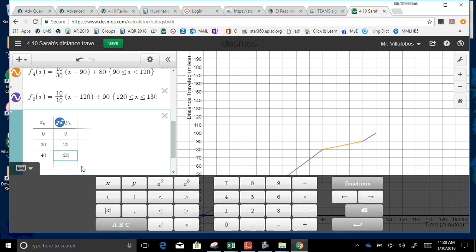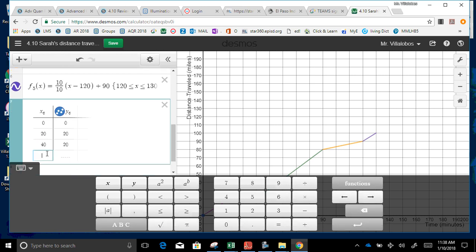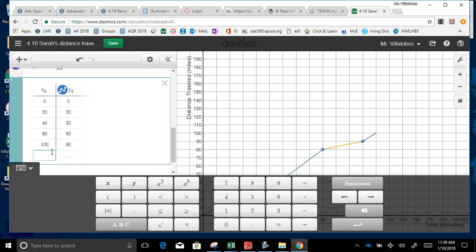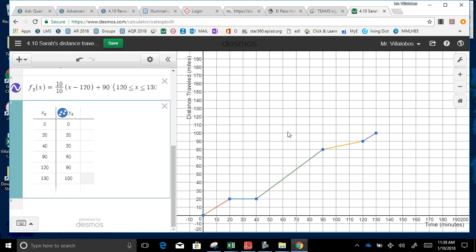So stayed at 20. That was lunch. And then added 50 minutes. 50 plus 40 is 90. And 60 miles. 60 plus 20 is 80. Then 10 miles more in 30 minutes. That's 90 plus 30 is 120. 120 went to 90. Then at minute 130 went to 100. And that was that. And that's the graph.